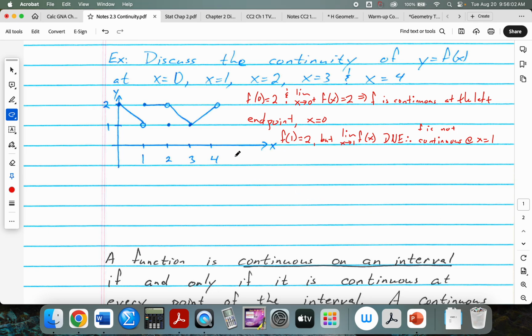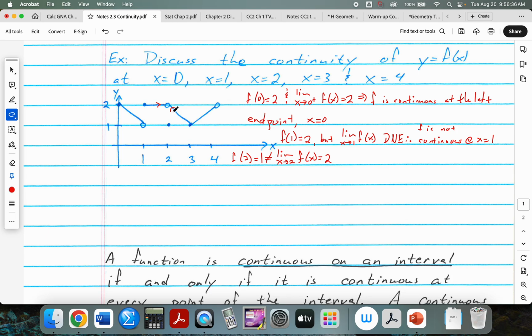All right, let's go on to 2. What is f of 2? 1. But that's not equal to the limit as x approaches 2 of f of x, which is equal to what? 2. As x approaches 2, what value does the function get close to?